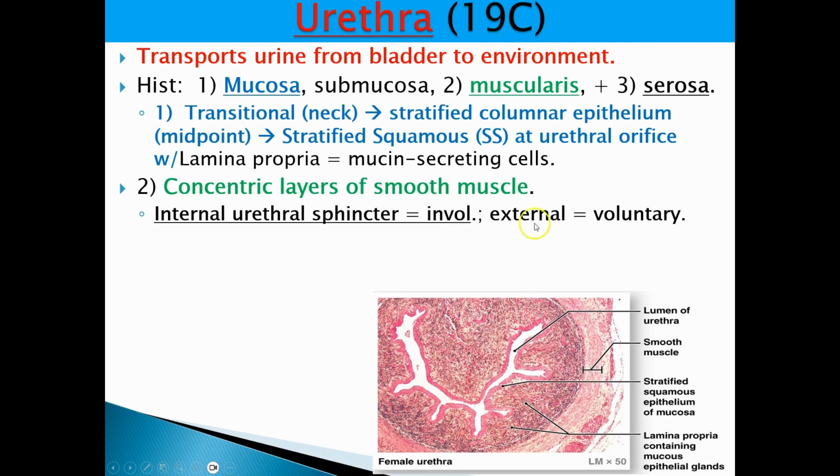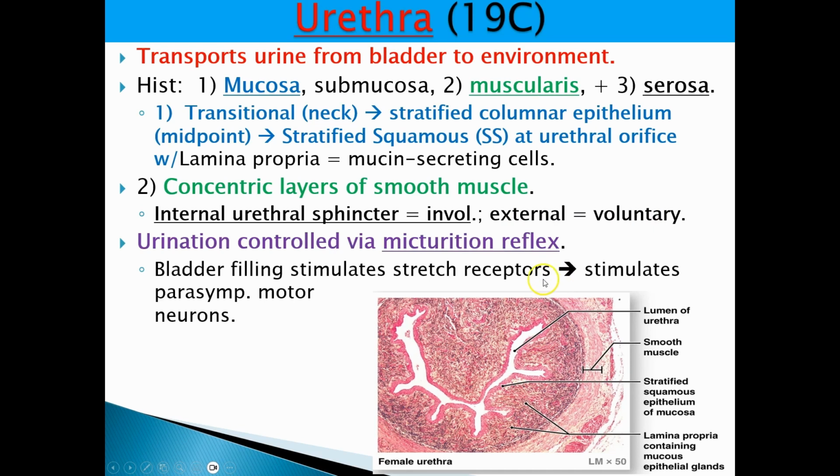And then just be aware the external anal sphincter, the external urethral sphincter is considered voluntarily controlled, and that's going to be skeletal muscle. So definitely be able to recognize that. And so the muscularis layer here is definitely the concentric rings of smooth muscle, and it's very specific to the urethral sphincter, where the external urethral sphincter, make sure you understand that that is specifically skeletal muscle.